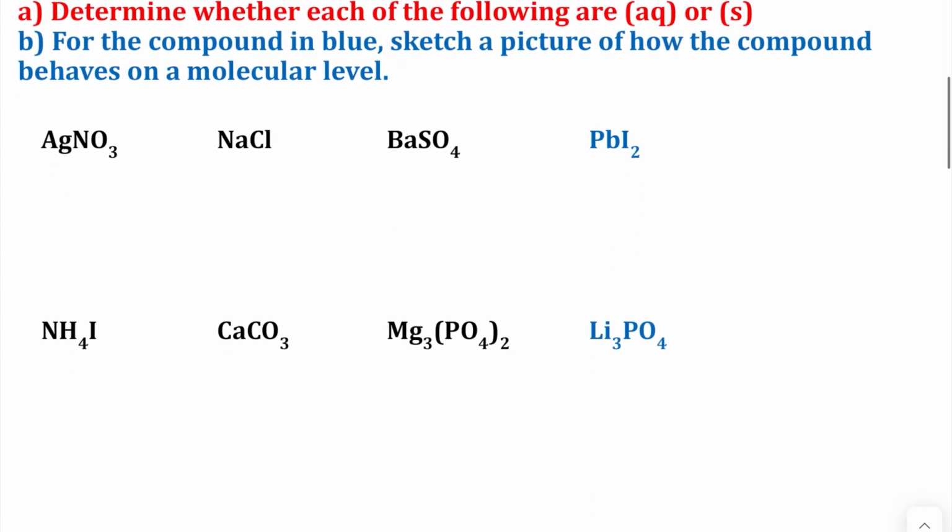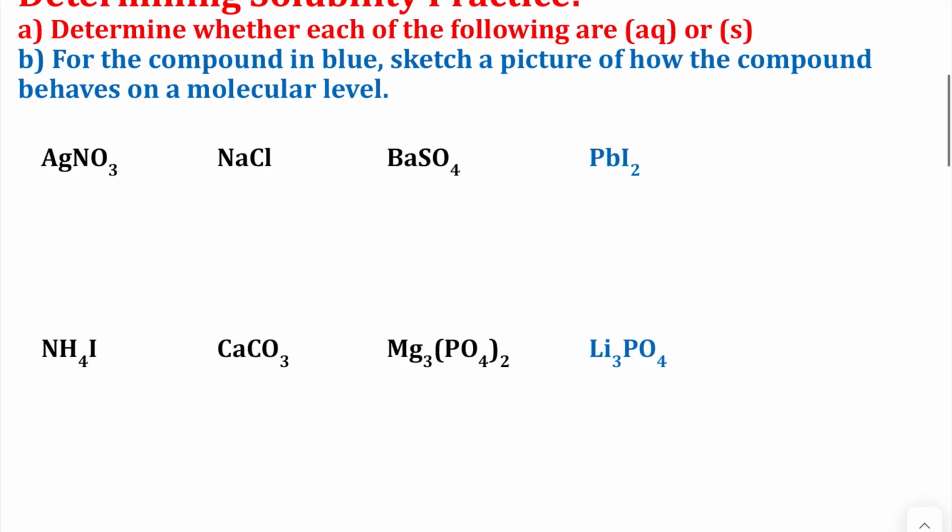So let's determine solubility. For each of these, we're going to determine whether each is aqueous or a solid, so determining that state of matter using your solubility rules that are on the page above, or if you have the sheet that is provided in class.